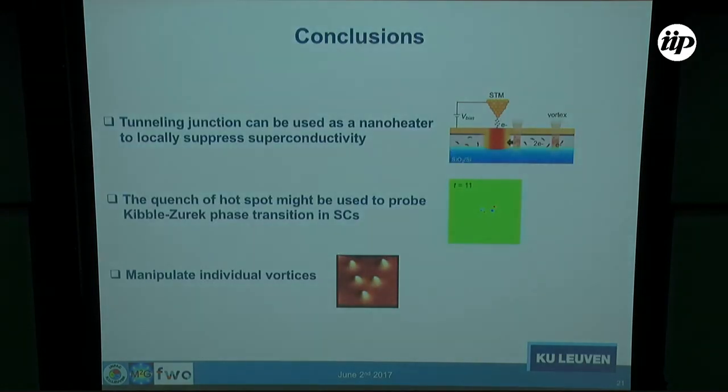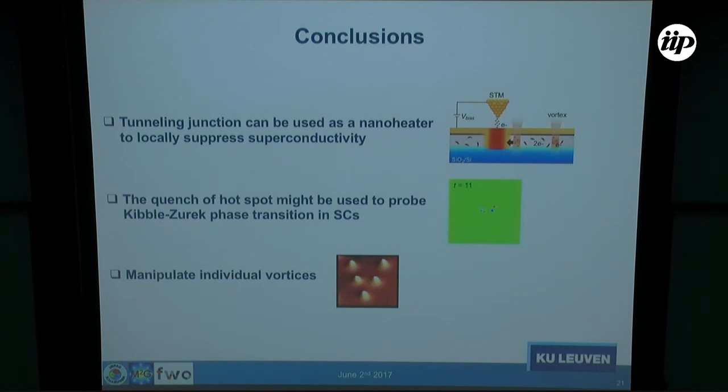To conclude, I have shown you that we are able to use the tunneling junction as a local heater to suppress the superconductivity locally and to manipulate vortices. We have also shown that the quench of this hot spot when the tunneling is switched off happens in a very short time, which places this phase transition in the Kibble-Zurek regime.